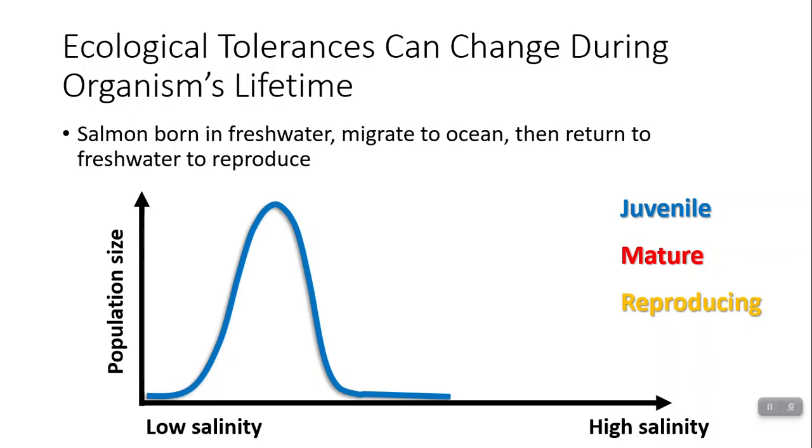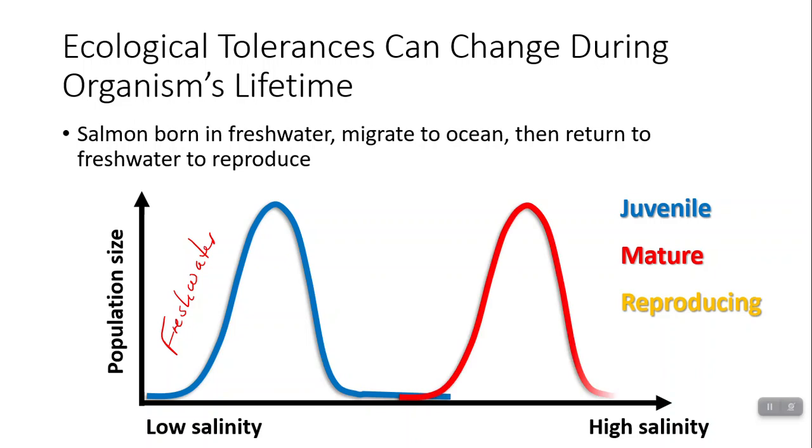When they are young, when they are juveniles, they will have a very low tolerance for salinity, meaning they will be more healthy and comfortable in lower salt concentrations, which makes sense because over here is fresh water. So if you took a baby salmon, I believe they're called fry, and you randomly stuck it in some salt water, you would kill it because that's in its range of intolerance.